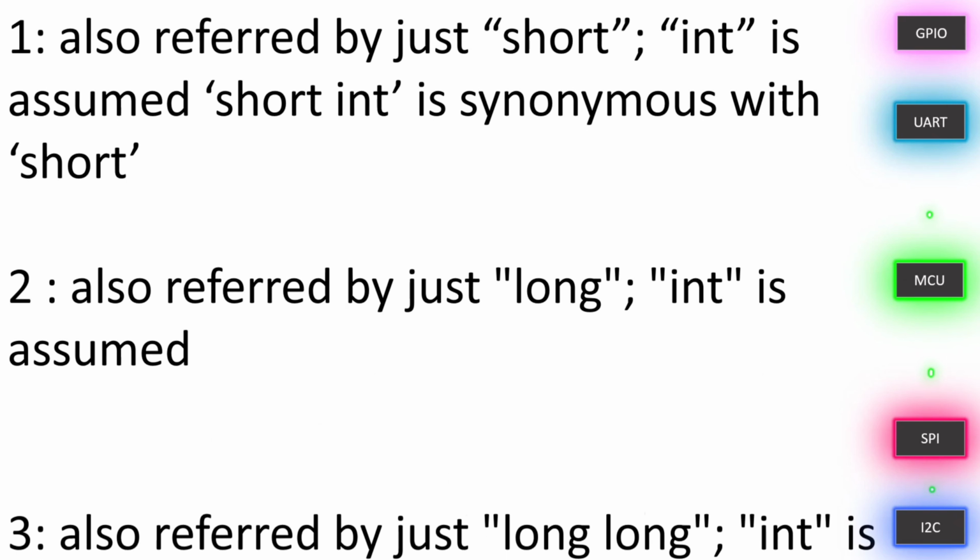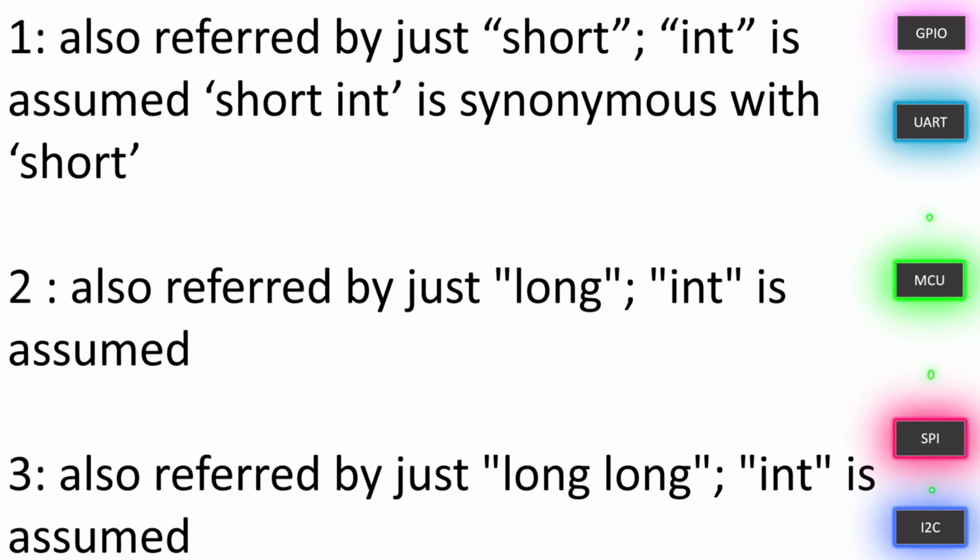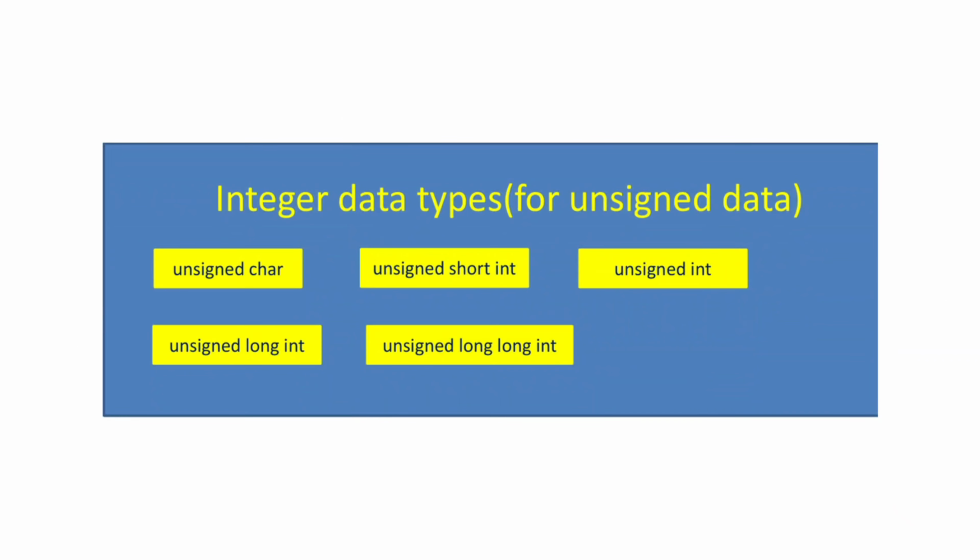For unsigned data, you can use these integer data types, and everything is the same. You just have to use the keyword unsigned before the data type: unsigned char, unsigned short int, and unsigned long int.